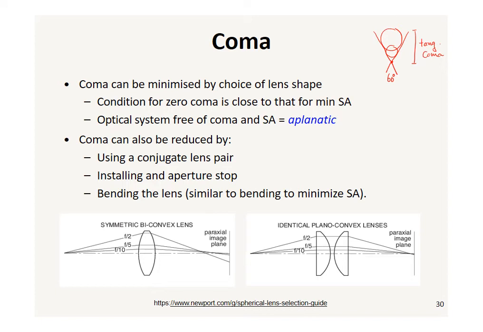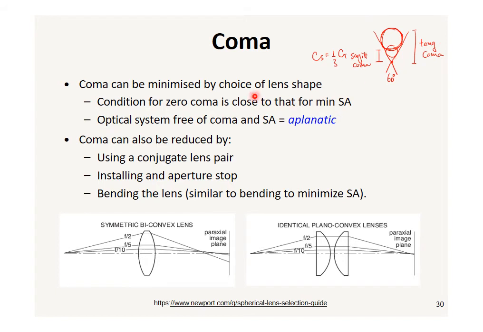And there's a little coma patch down here that's called the sagittal coma. And the sagittal coma is equal to 1/3 of the tangential coma. Right, so we know that this circle here comes from the rays at the outer perimeter. So clearly reducing the diameter of our lens is going to reduce our coma because these circles will disappear.